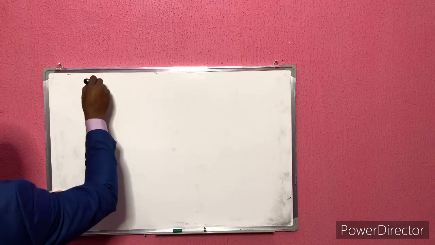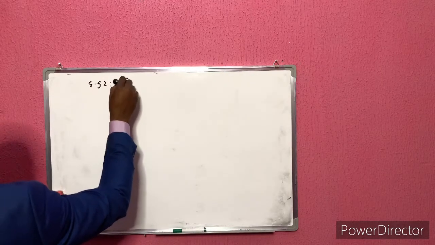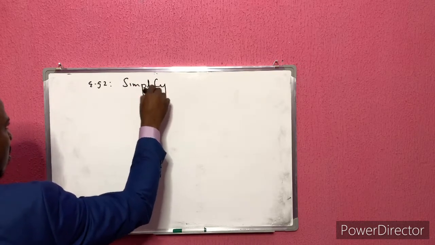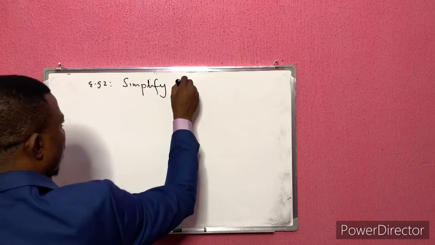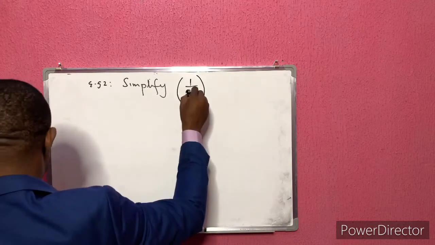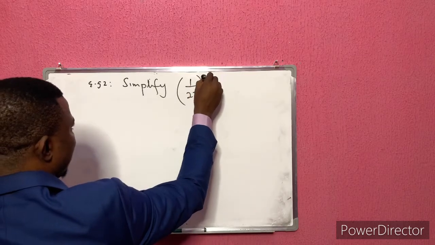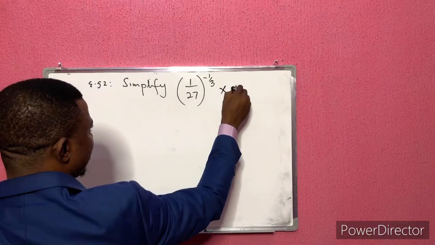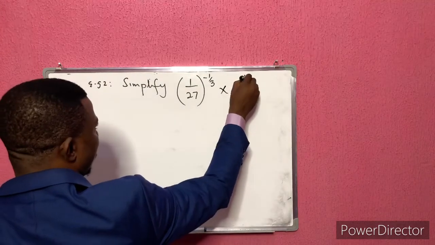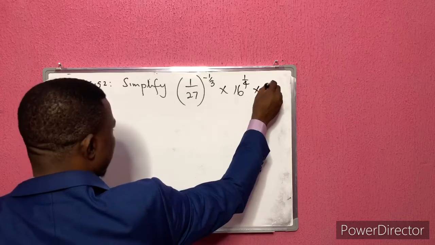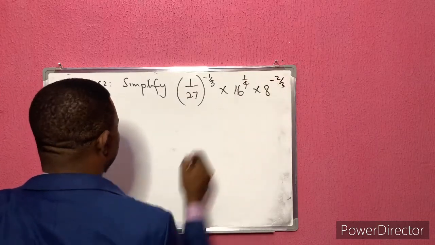Simplify (1 over 27) power minus 1 over 3 multiplied by 16 power 1 over 4 multiplied by 8 power minus 2 over 3.